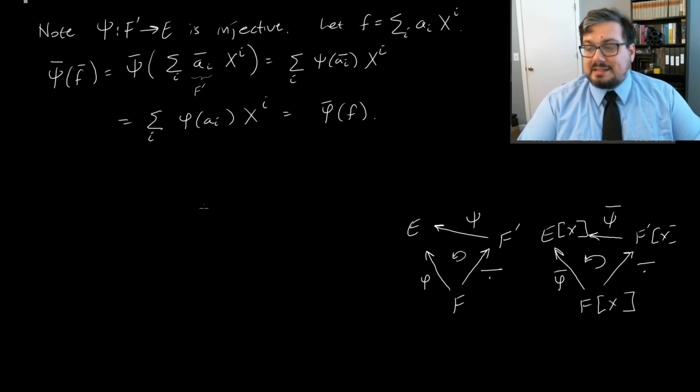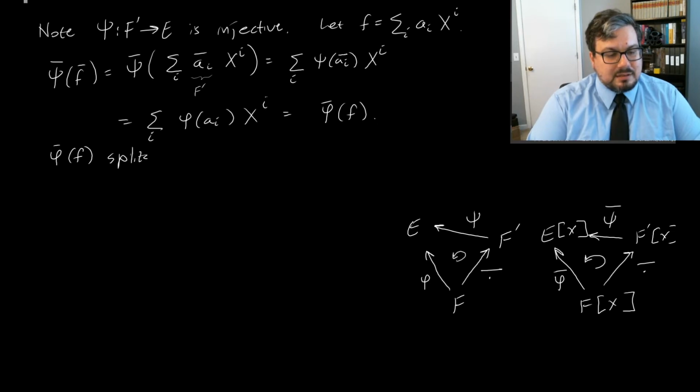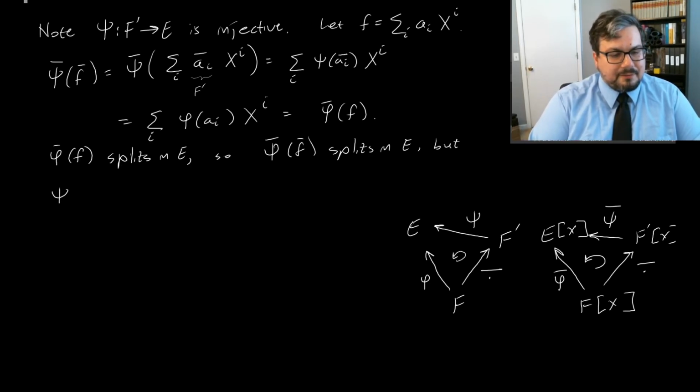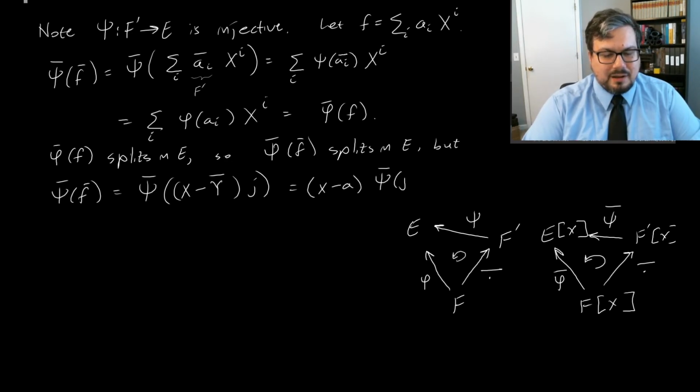Now, the reason why this is relevant is that we now have that phi bar of f splits in E. So that means that phi bar of f bar splits in E. But we also have that phi bar of f bar is equal to phi bar of x minus y bar times j, which is actually x minus a times phi bar of j.